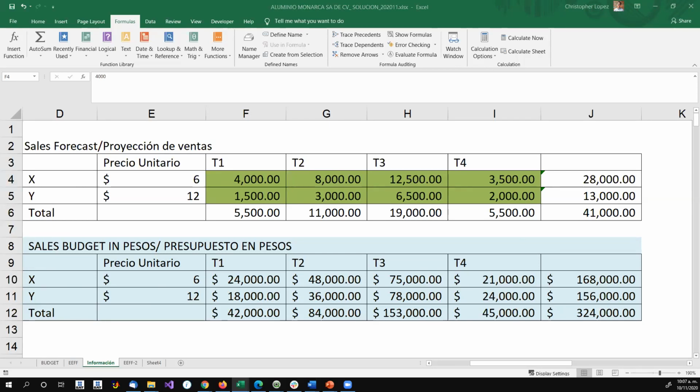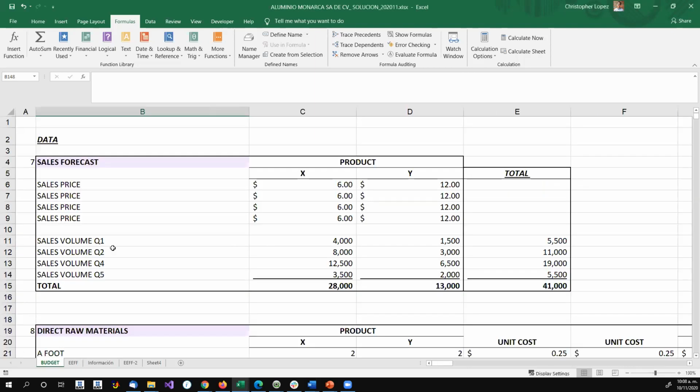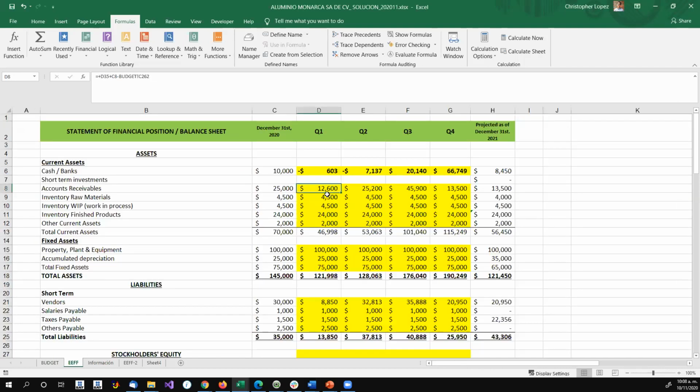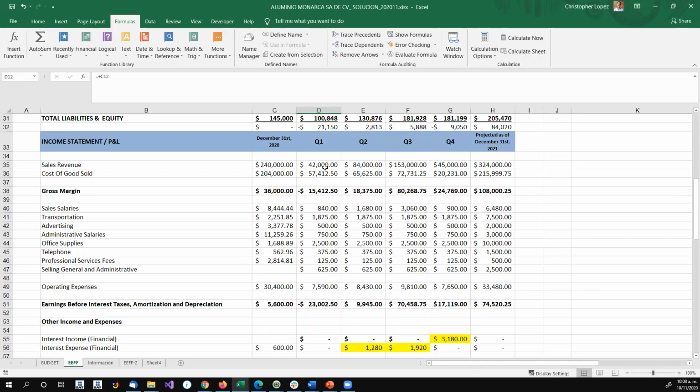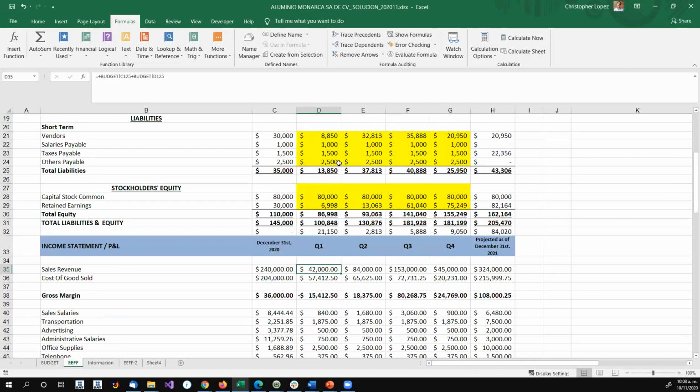So I think you all did it correctly. I mean, you had different formats. That's okay. If you want to work with those formats, it's okay. But I'm going to show you that I did it horizontally, just copy pasted the information, and then I had a really hard time working on the income statements and the balance sheet.